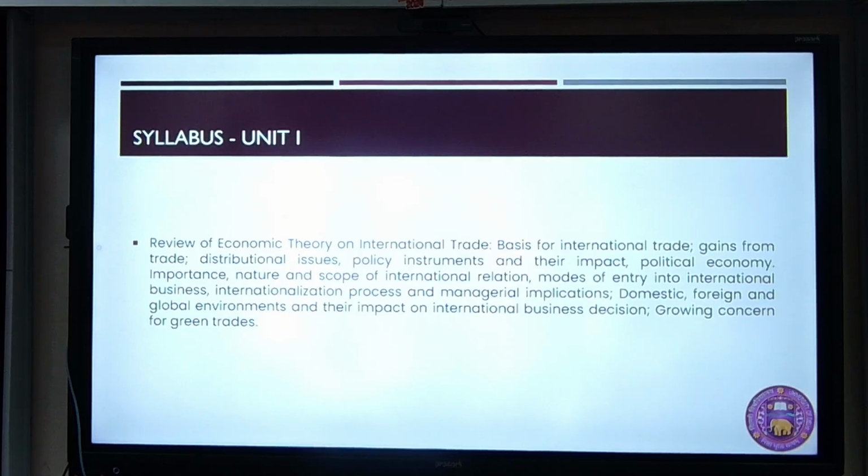Certain industries may not be able to compete directly with them, and therefore, because of these distribution issues, either between countries, within the country, within different sectors, or between different segments of the income groups, there is a need for government intervention at times.